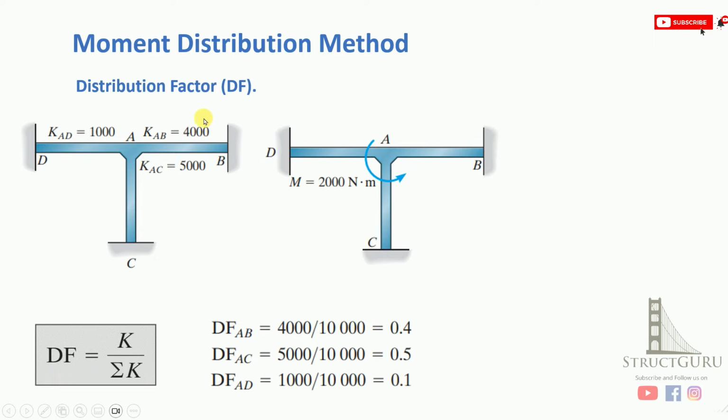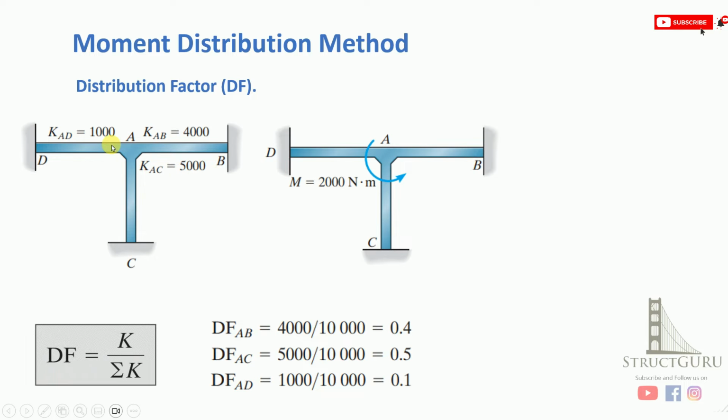KAB is 4,000, and the total stiffness of the members connected to this joint is 10,000. There are three members connected to joint A, and each has a different stiffness. So let's add: 1,000 plus 4,000 is 5,000, 5,000 plus 5,000 becomes 10,000. So 4,000 divided by 10,000 will be 0.4.